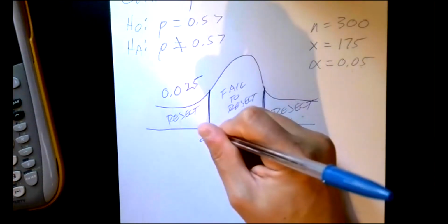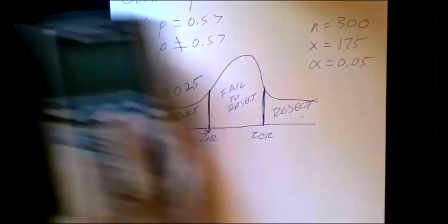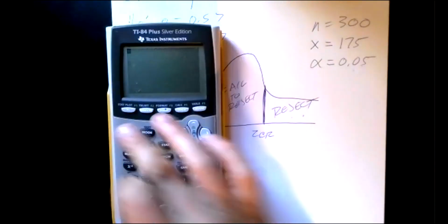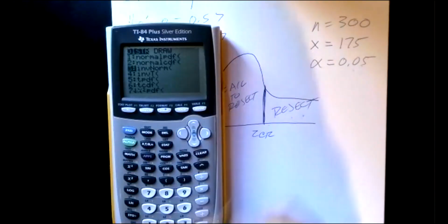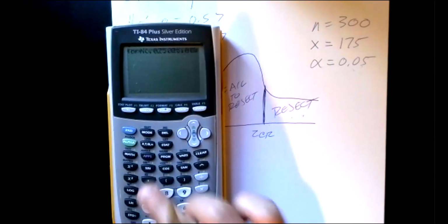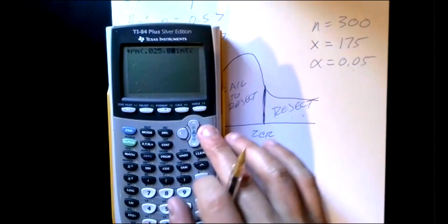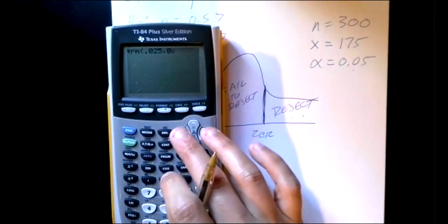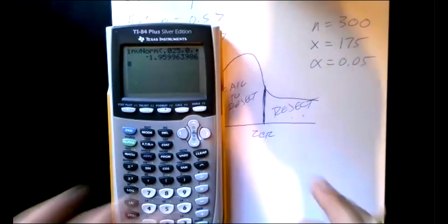So if I wanted to get this value right here, I can use the inverse norm function. .025, 0, 1. Negative 1.96.